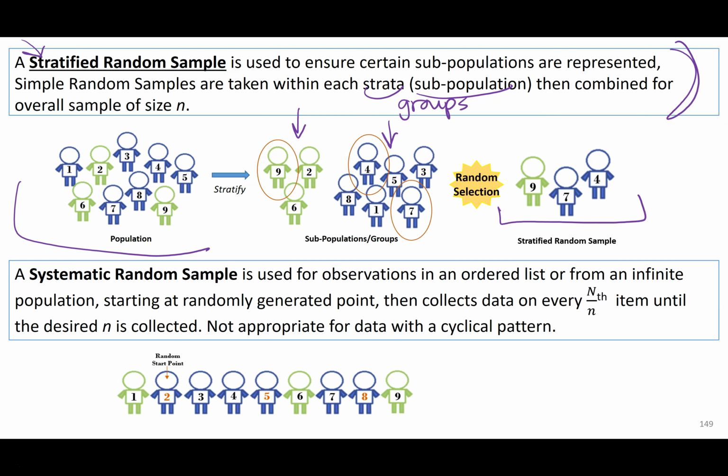Then another really common one is systematic. So often when you have ordered individuals, maybe like you're on a production line, manufacturing, and you randomly select a starting point, and then you decide the number ahead of time. So maybe I'm going to take every 10th observation that goes through this manufacturing plant.